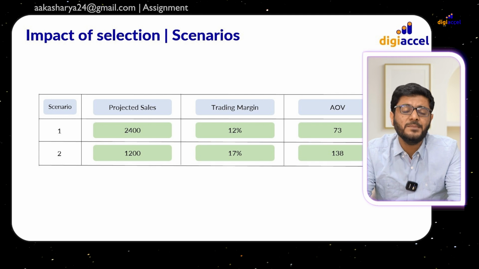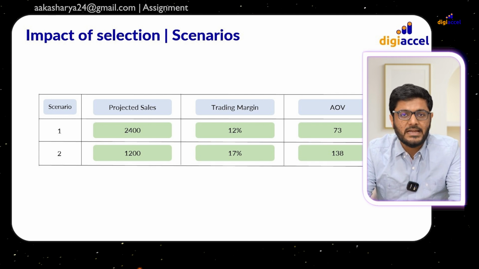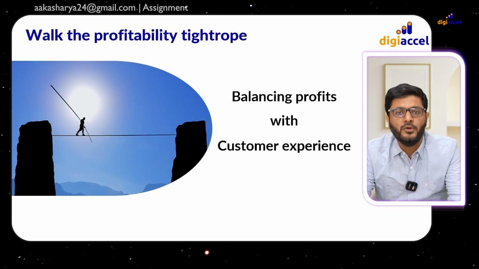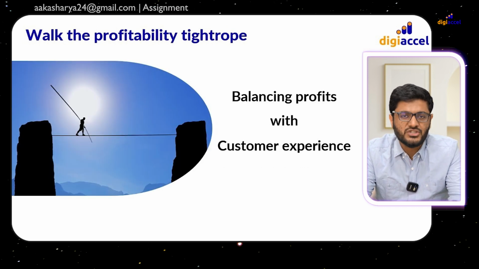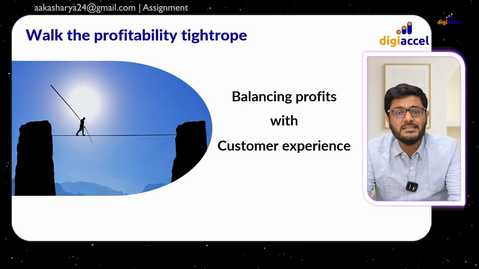And that really is a big challenge in the category management job on the retailer side, which is to walk this tightrope and balance sales with profitability. I think that's always a challenge which exists not just for retailers, for brands as well.